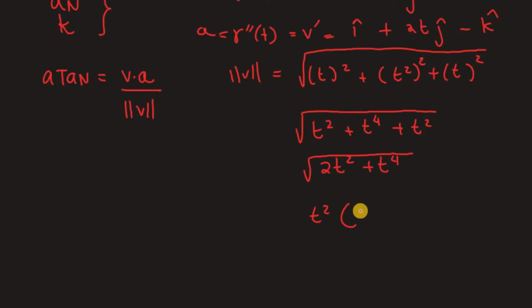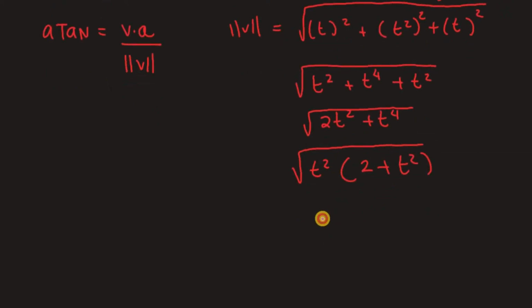So you're gonna be left with 2 plus t squared. Okay, and now if you square root it, the square and square root cancel out, so you're only left with t over here, and then you have square root of 2 plus t squared. Okay, and you cannot simplify it further, so that means this is your magnitude of v.